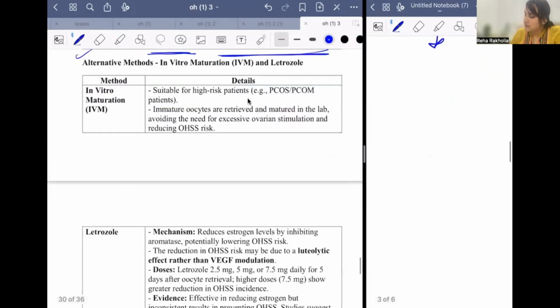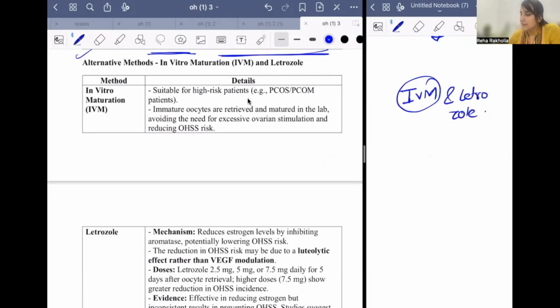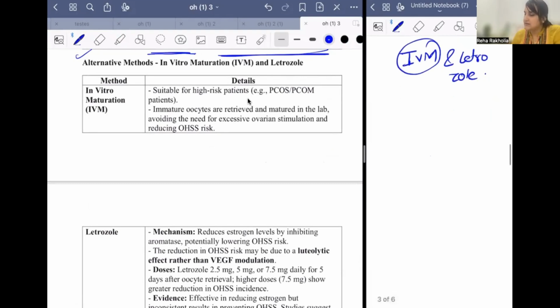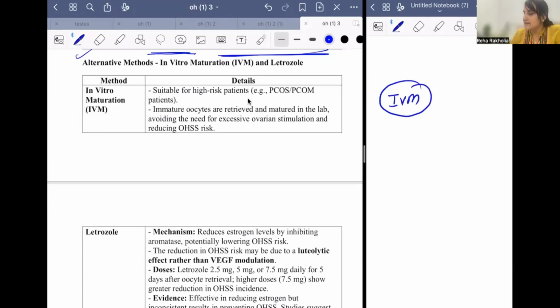Now we'll talk about in vitro maturation and letrozole. For some high-risk patients, an alternative to conventional stimulation is IVM. Instead of stimulating the ovary aggressively, immature oocytes are collected early and matured in the lab.